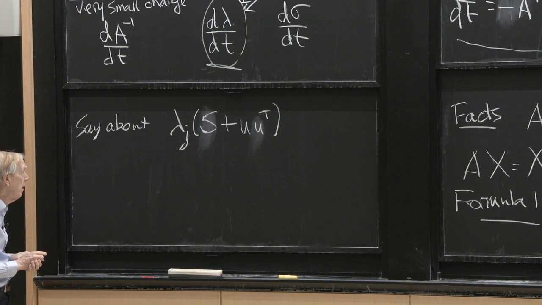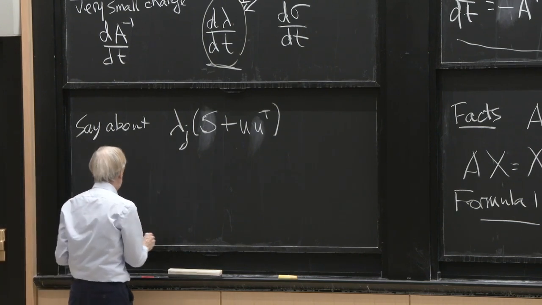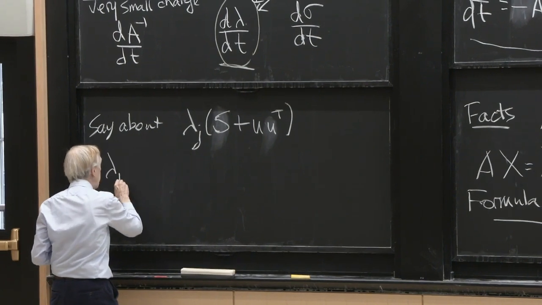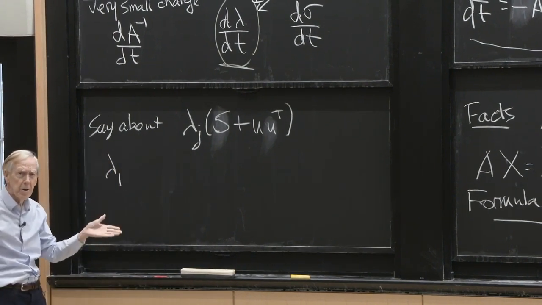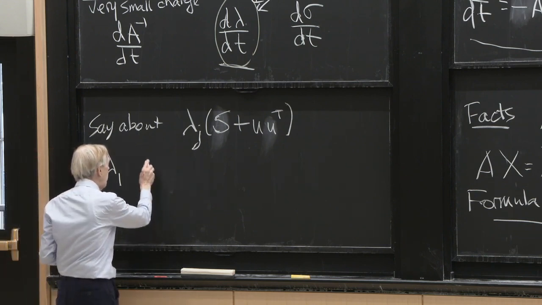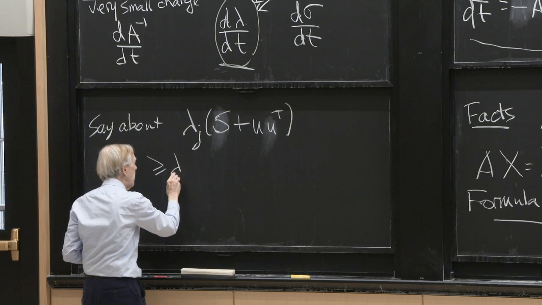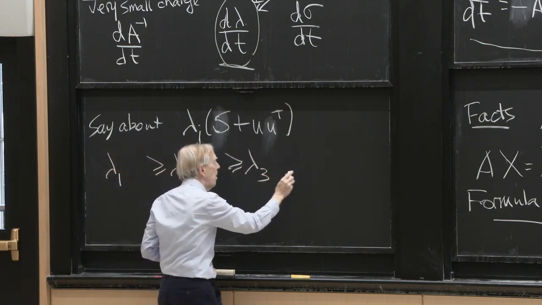And here they are. So first of all, the eigenvalues are in descending order. We use descending order for singular values. Let's use them also for eigenvalues. So lambda 1 is greater or equal to lambda 2, greater or equal to lambda 3, and so on.